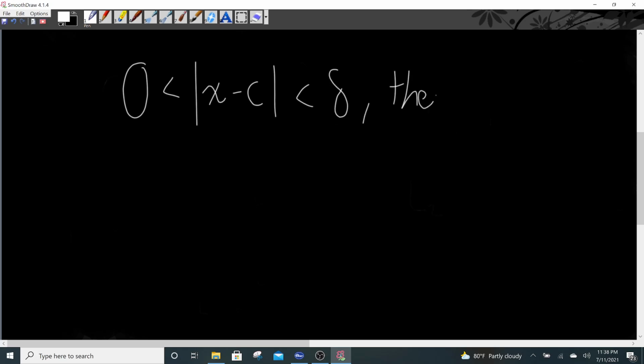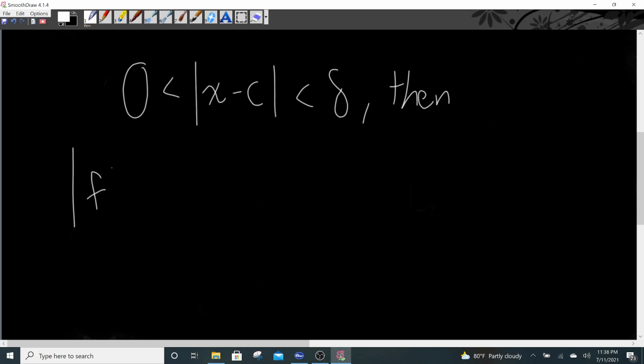But using that triangle inequality rule, we can say that if 0 is less than the absolute value of x minus c, which is less than some arbitrarily small value delta, then I'm going to restate our implication.